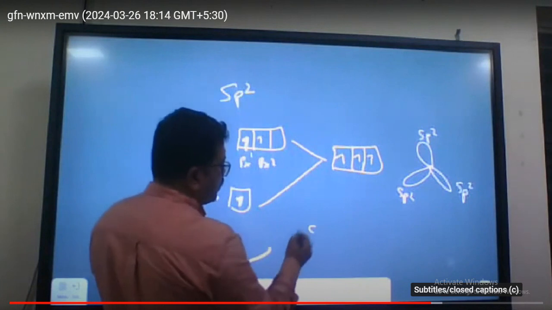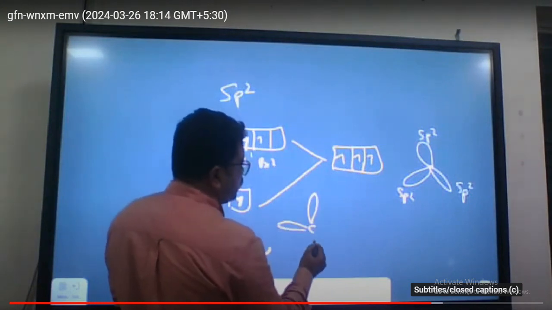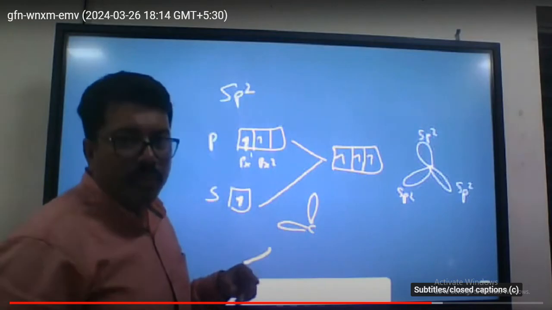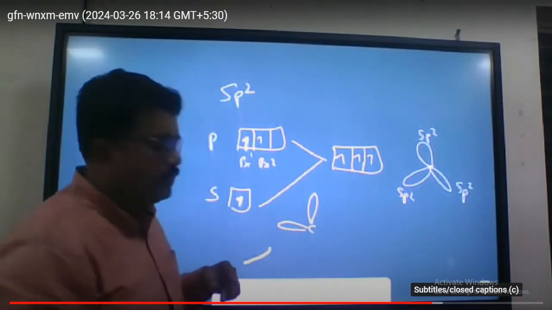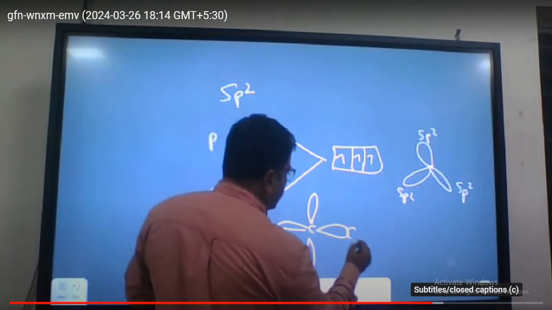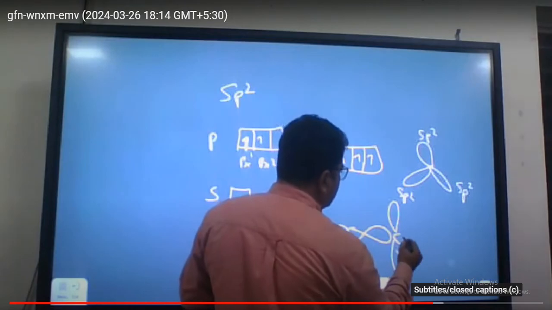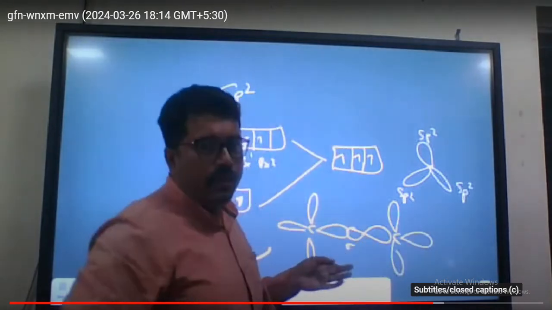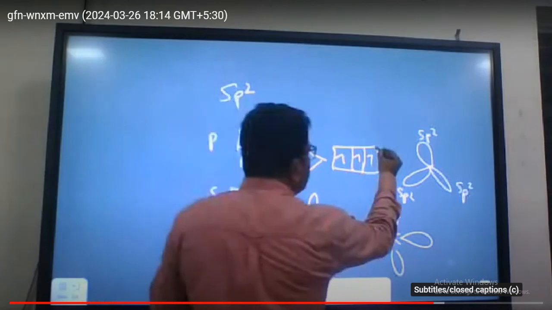So if I take one carbon and draw the sp2 orbitals, the carbon is sp2 hybridized. So this is another carbon, sigma bond. Actually this one p orbital here.